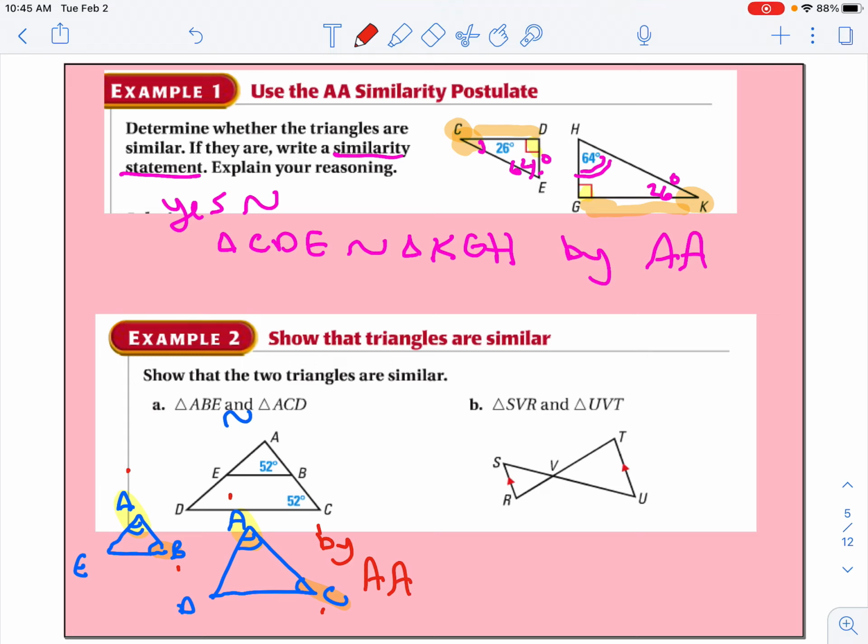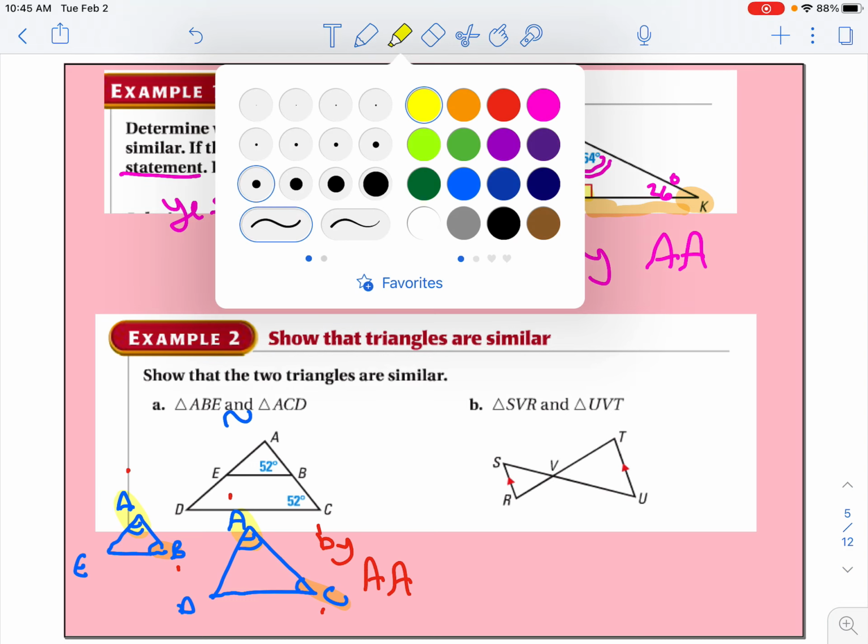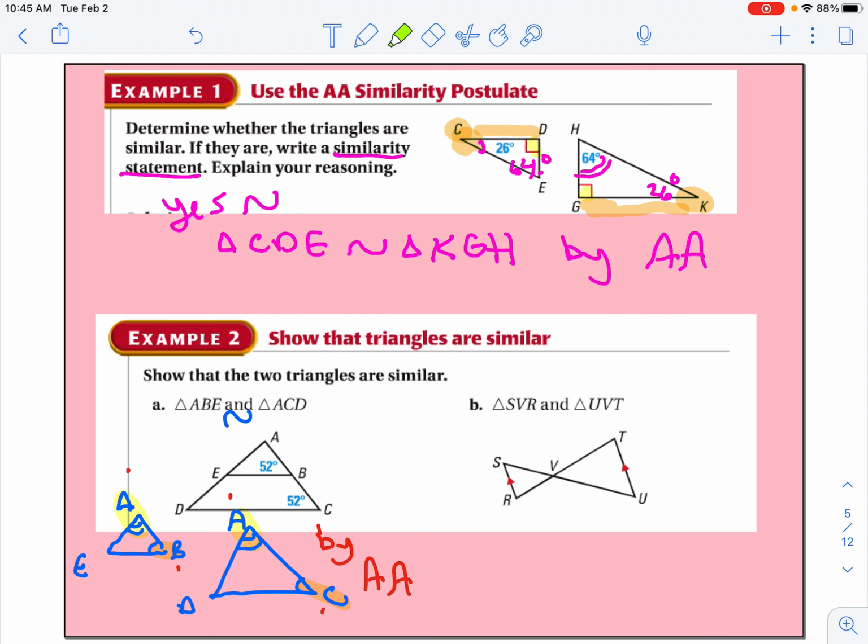All right, let's look at B together, because this goes back and reviews something that we haven't worked with in a long time. Notice these two lines are parallel. So I need to show that SVR and UVT are similar. Well, I know that I have these vertical angles in the middle.